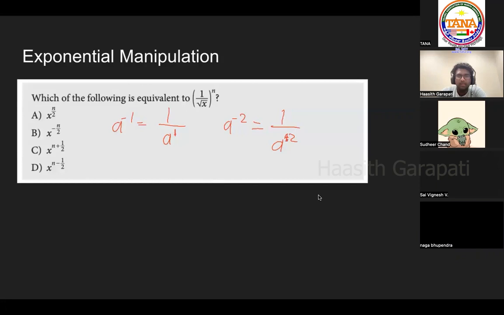They're asking which of the following is equivalent to 1 over the square root of x to the power of n. Okay, one thing I want you guys to think about: every basic mathematical operation has an opposite, where plus is opposite to minus, and multiplication is opposite to division.